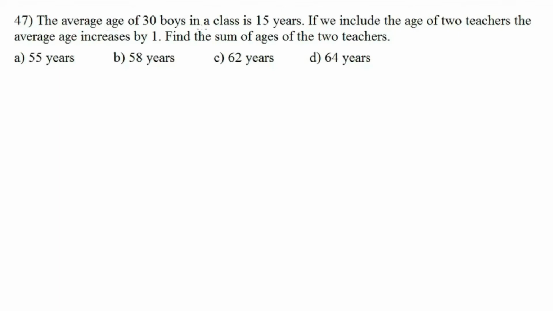Question number 47. The average age of 30 boys in a class is 15 years. If we include the age of 2 teachers, the average increased by 1. Find the sum of ages of the 2 teachers. So total age of 30 boys equal to 30 into 15 years equal to 450 years. Include the age of 2 teachers.